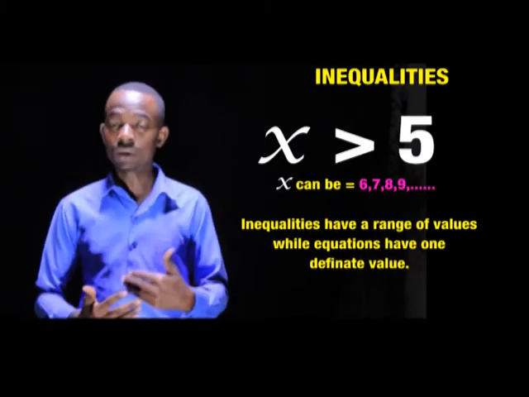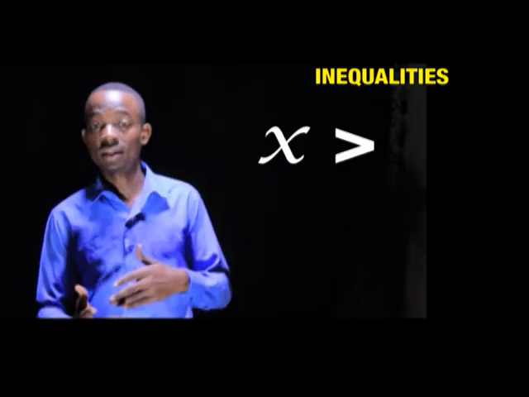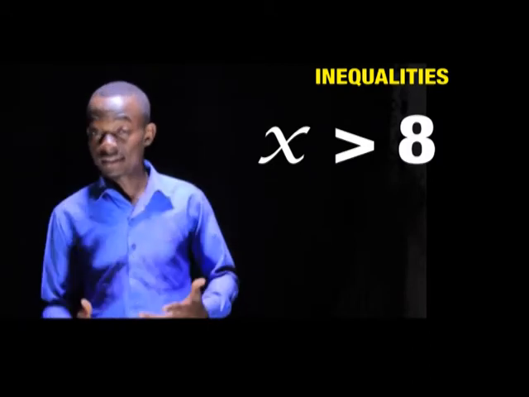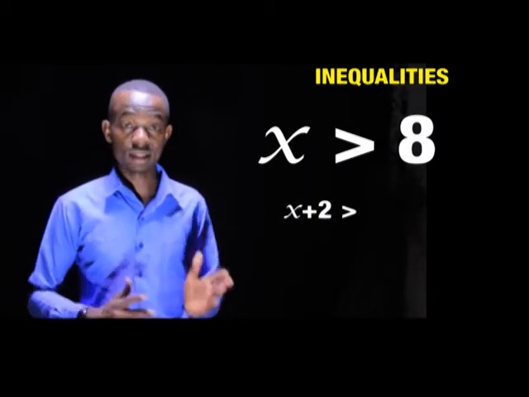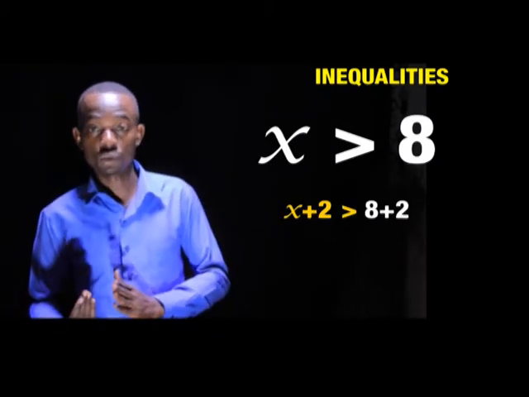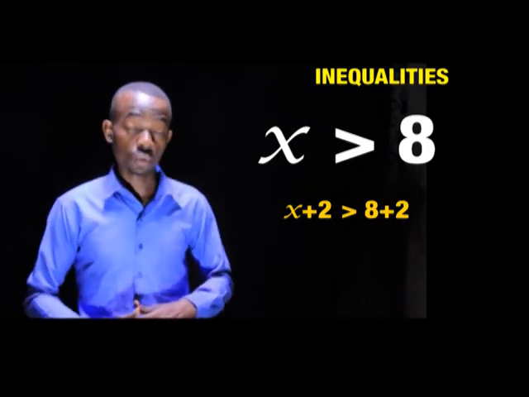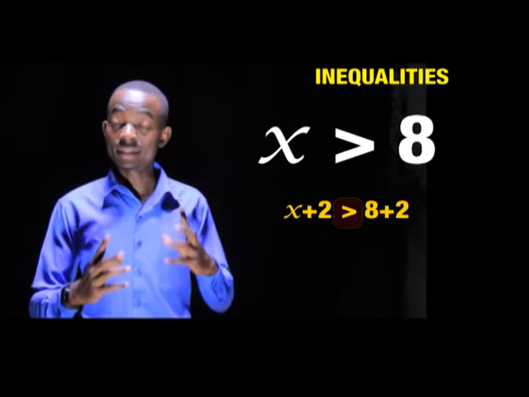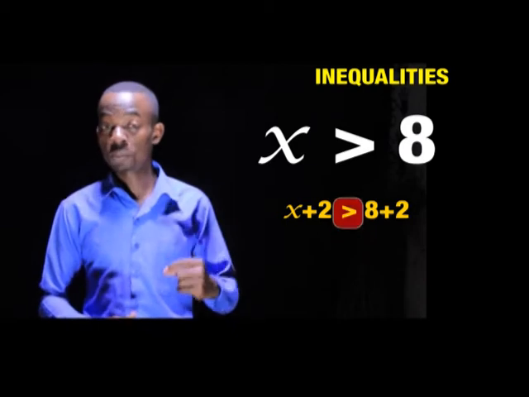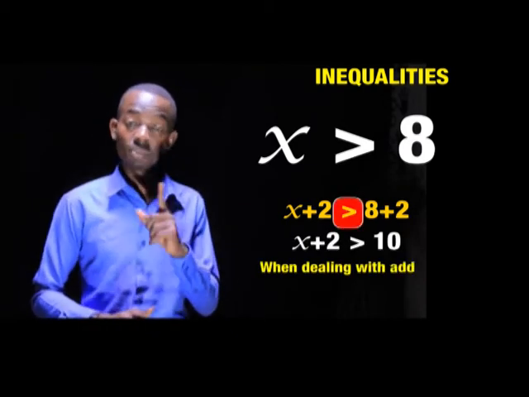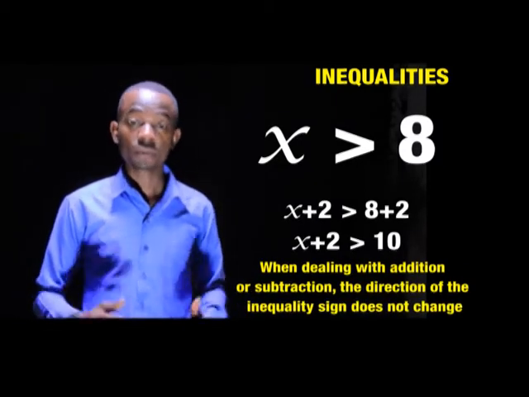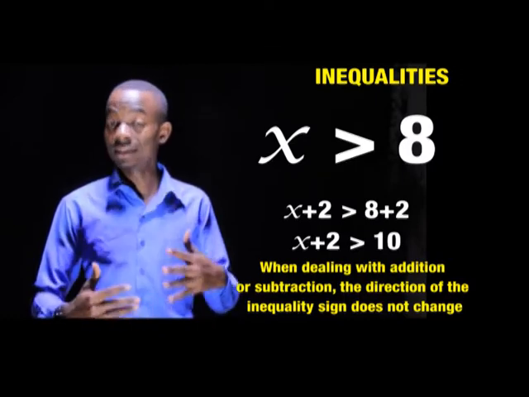For example, if I have x greater than 8 and I add 2 on both sides, on the left hand side I have x plus 2, and on the right hand side 8 plus 2. The greater than sign does not change, so my expression is x plus 2 greater than 10, because 8 plus 2 is 10.